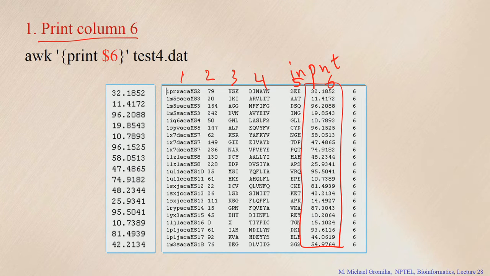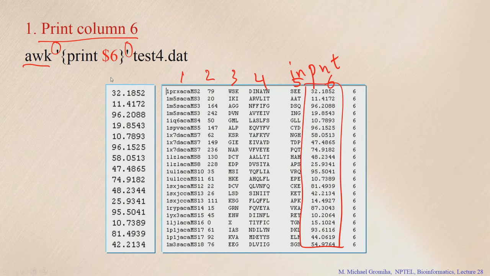In this case, do we need any pattern? We do not need a pattern because we are not looking for anything; we just want to print column 6, which contains some numbers, and I want to see the numbers. So here you put awk, and then the action you want to do. The brackets are very important, so you have to give the action within quotes.